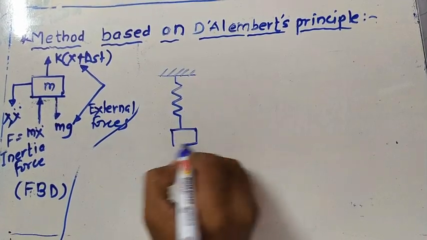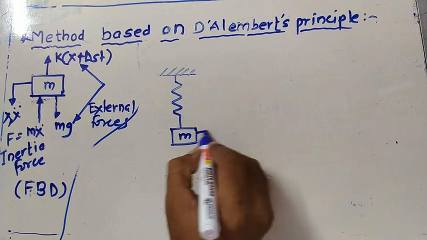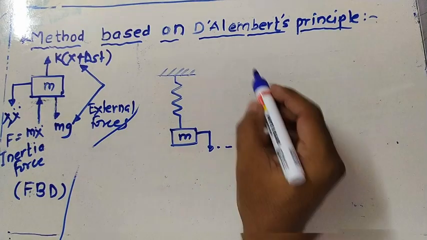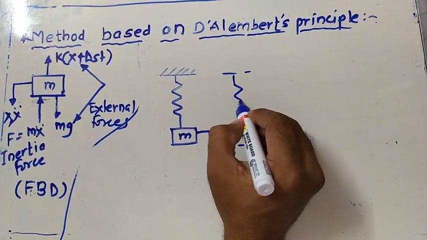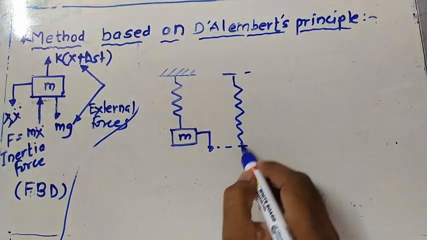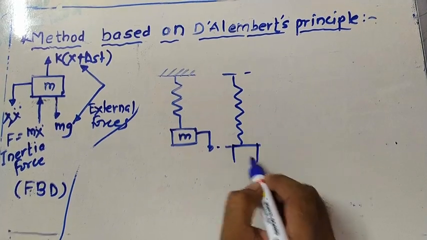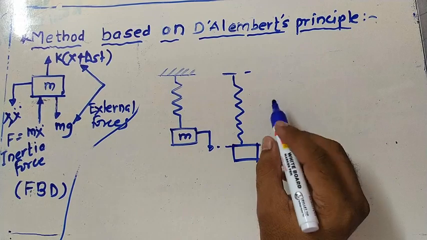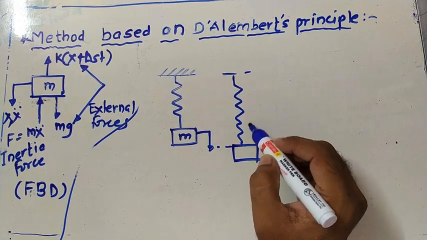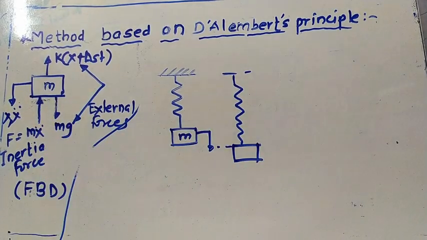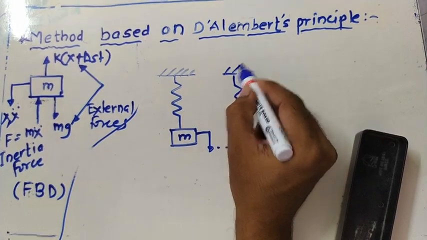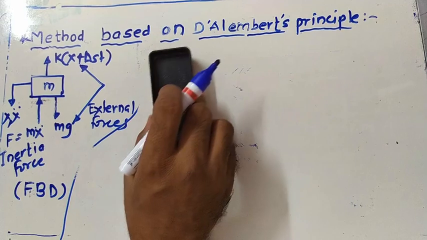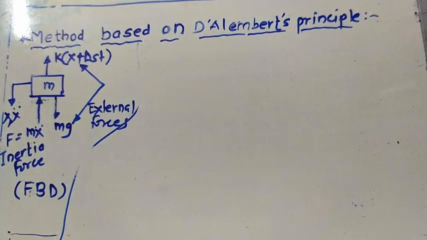If I pull this mass in the downward direction, whatever deflection of the spring comes, and because of that, whatever forces arise here, we have already drawn the free body diagram. So by using the same diagram, we'll continue our discussion.